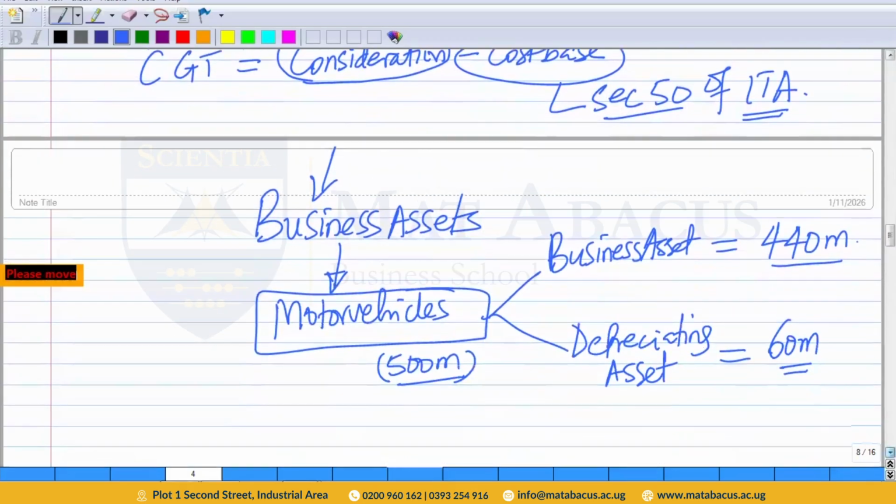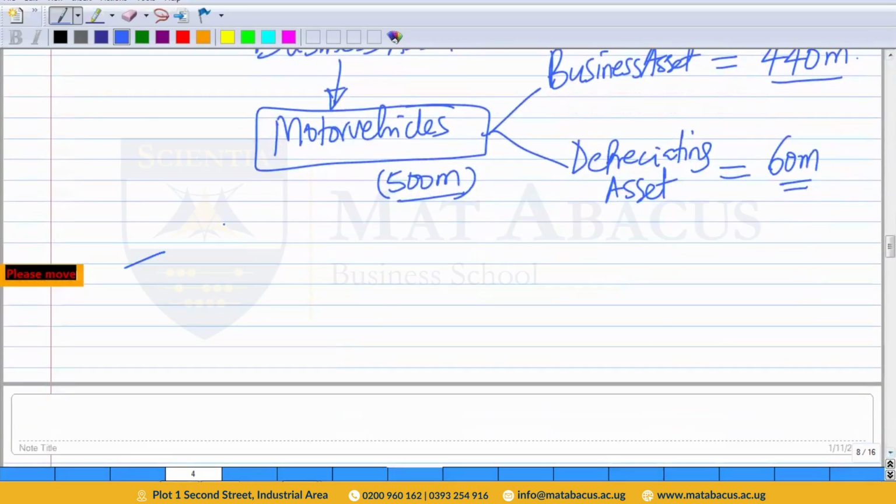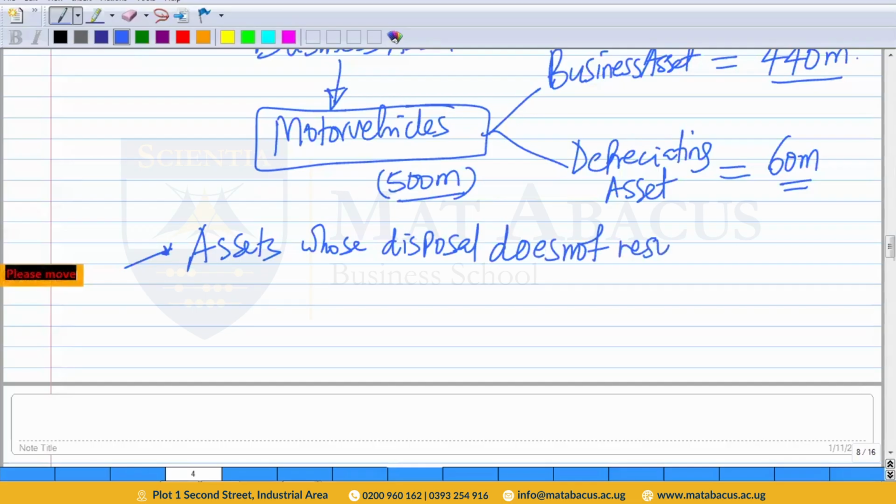We shall also look at a situation where not all disposals result in capital gain and capital gains tax. We shall look at assets whose disposal does not result into capital gains tax.